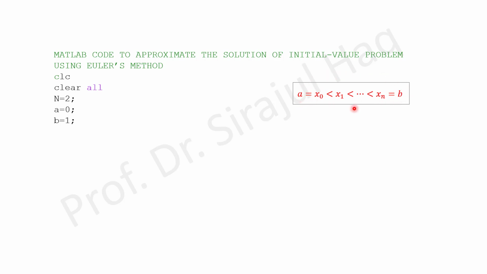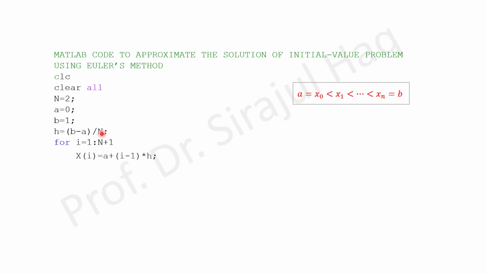The value of a is known, the value of b is known. Find the distance between the two consecutive points. What we are doing: b minus a divided by n. I have used small n here and capital N here. This is just the notation which I use in the program. So this will give you the step size between two consecutive points.